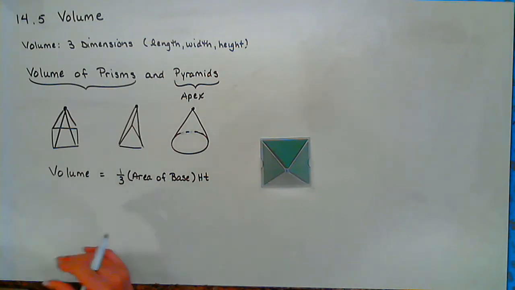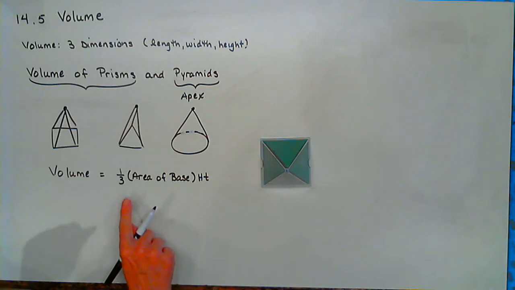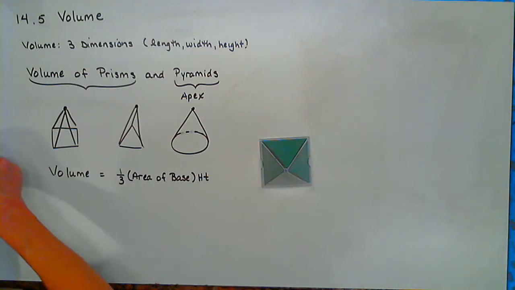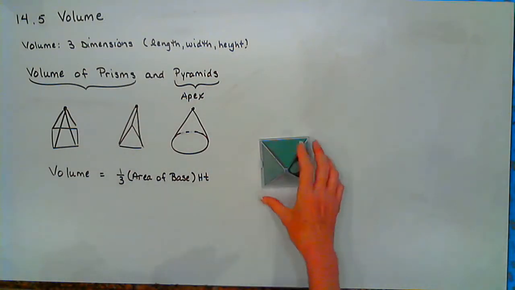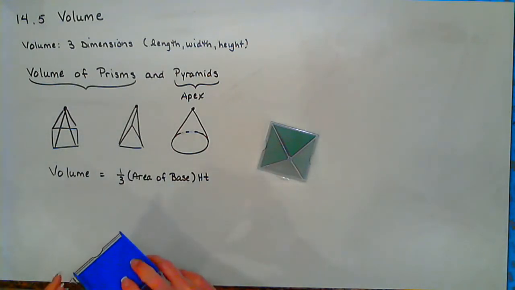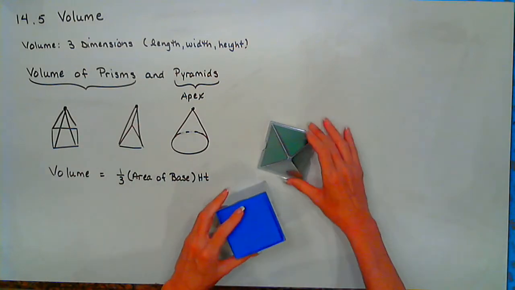This lesson's pretty fun to demonstrate, because oftentimes you wonder, why is it 1/3? One of the best ways to demonstrate this is to show them. I've got our shapes that we've used in the past, and I took shapes that had the same base.